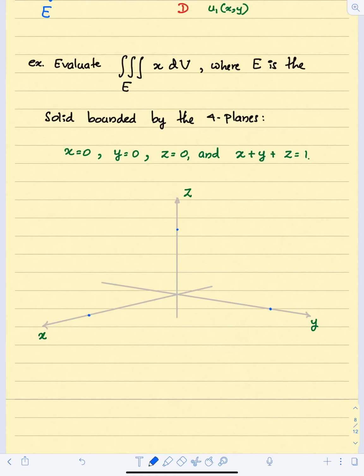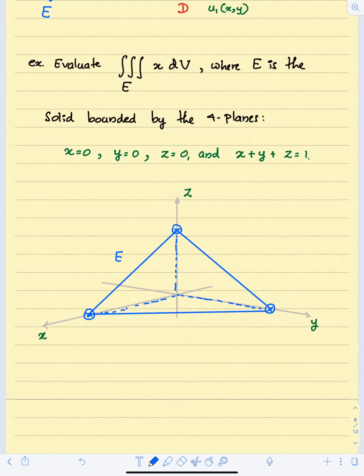So the x-intercept should be 1, y-intercept should be 1, and z-intercept should be 1. Basically, your solid domain is this tetrahedron. This is your E.